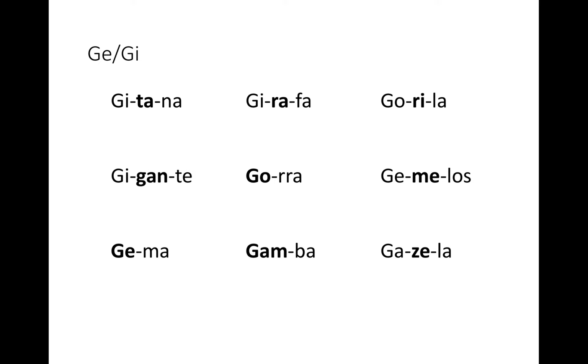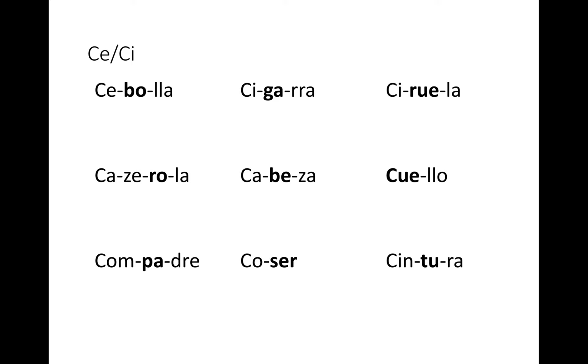Gitana, jirafa, gorila, gigante, gorra, gemelos, gema, gamba, gacela. CE, CI. Remember, those are the soft sounds. They should sound like an S. But the CA, CO, CU should sound like K. Go ahead and pause and pronounce.